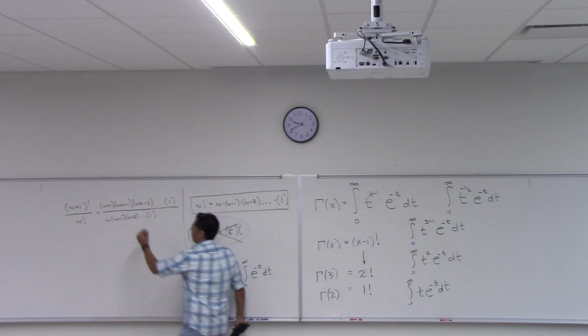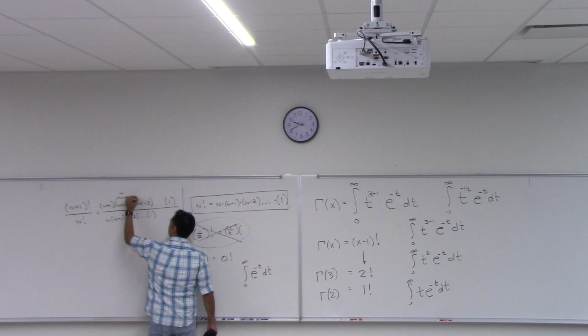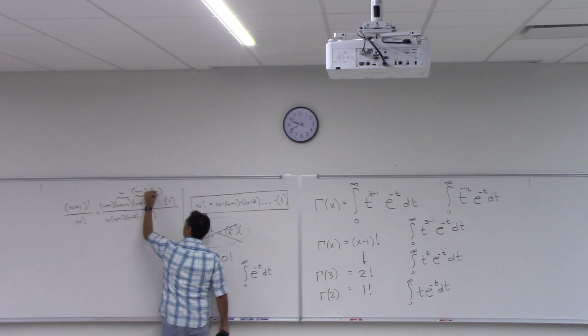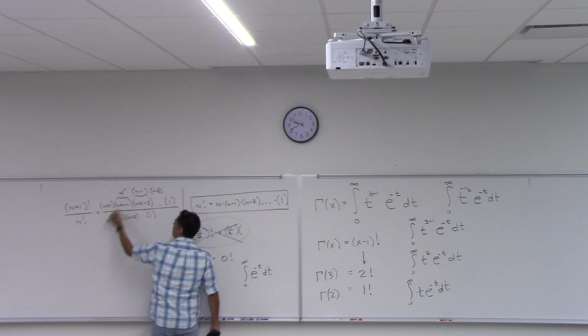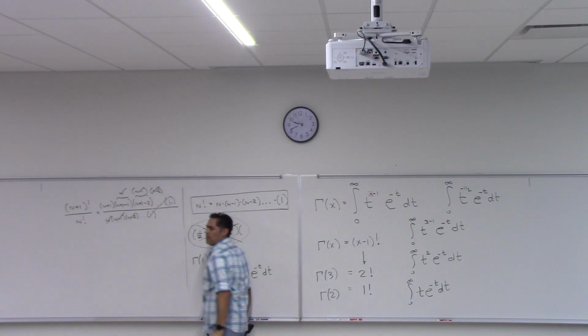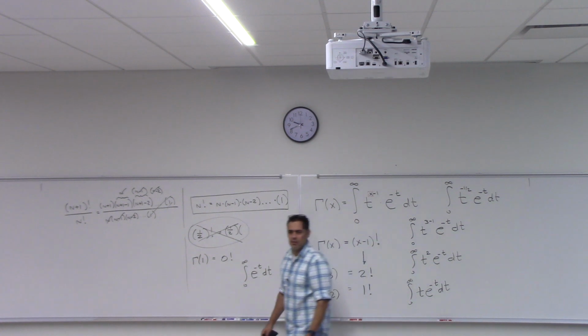But what is this piece right here? N, then n minus 1, and then the next one would be n minus 2. Do you see that that cancels with that, that cancels with that, that cancels with that? Everything cancels, and all you're left with is the n plus 1 that was in the very front.